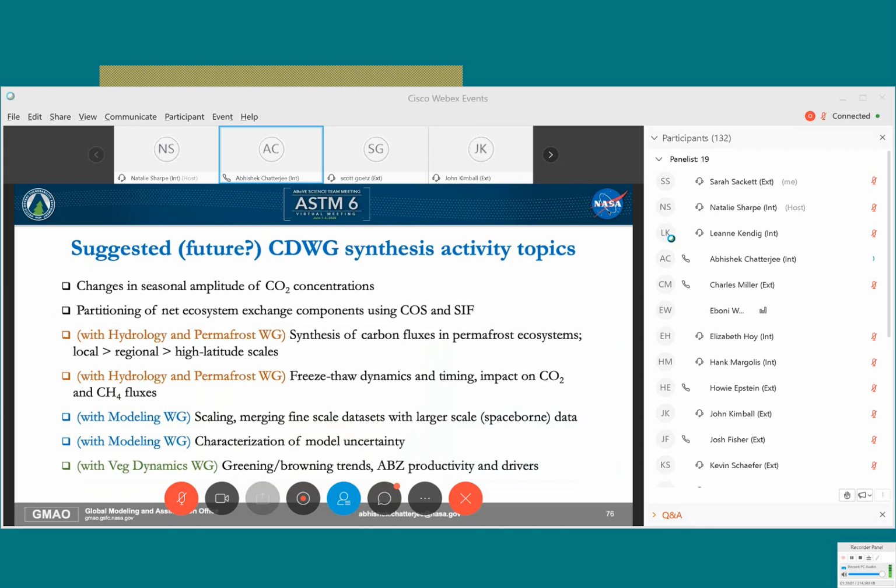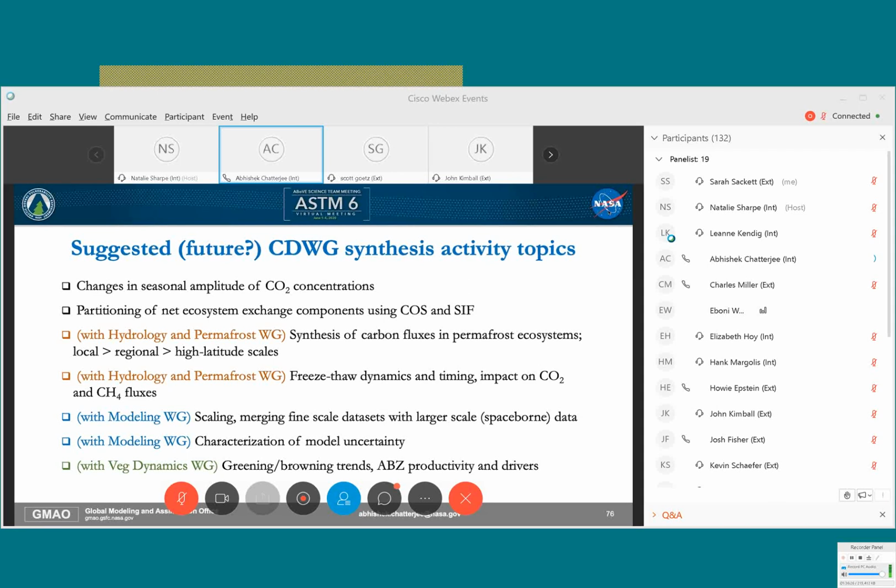So this is the master list that we actually generated at the last Above Science meeting. The 3 topics that I discussed in detail were part of this list. And as I said, we had volunteers who were willing to sign up for those topics and lead them.